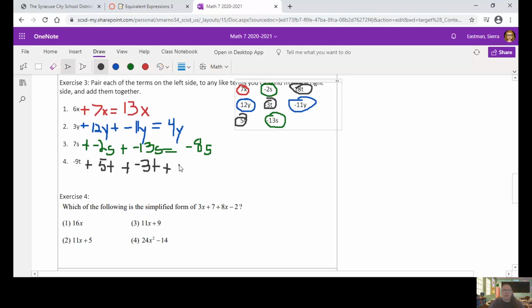And plus an 18t. When I use my calculator to add those all together, I should get a positive 11t.